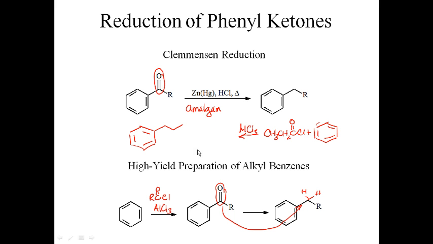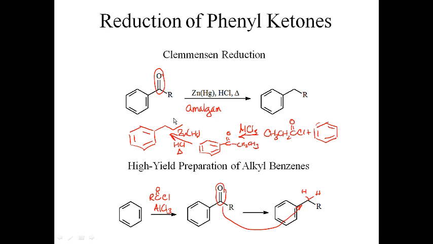That's going to form the phenyl ketone now with the CH2CH3 group on this side, and then I would use my Clemmensen reagents to reduce this carbonyl down to the straight chain propane group.